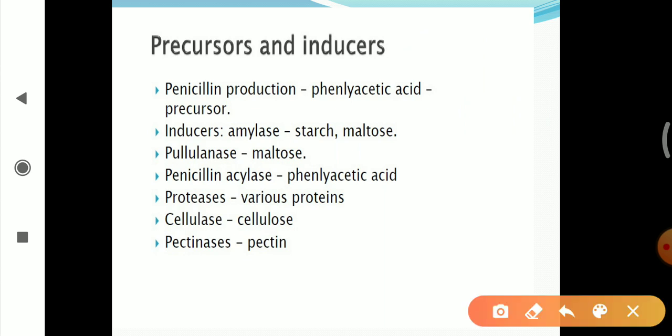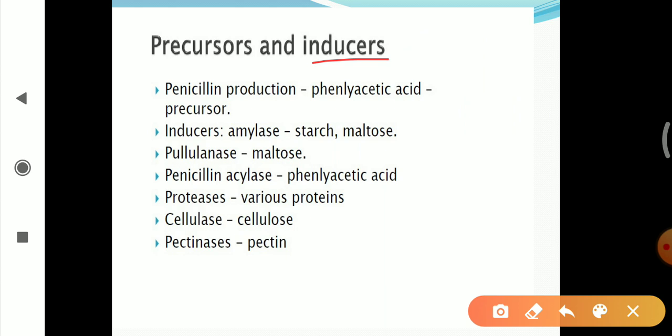Inducers regulate gene expression and allow product formation. Inducible enzymes are synthesized only in the presence of inducers in the external environment.